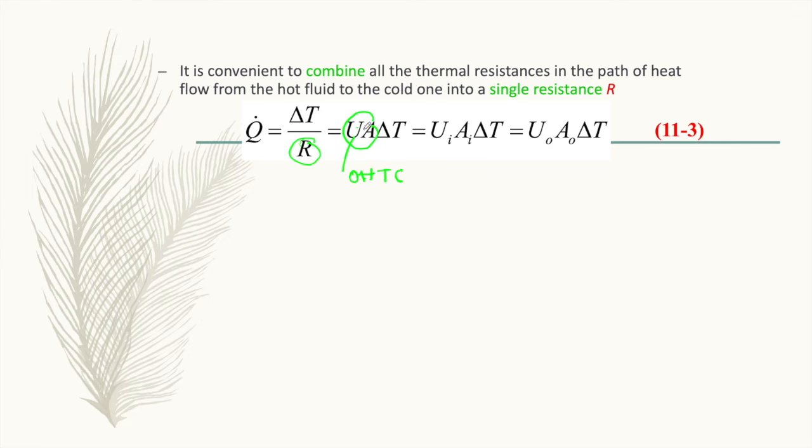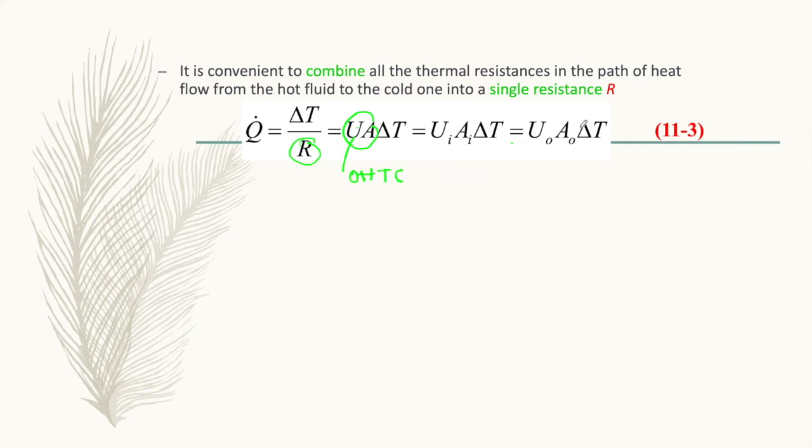A is the surface area, delta T is the temperature difference, and this is equivalent to Ui Ai delta T, and equivalent to Uo Ao delta T. I will explain to you why this equation becomes Ui Ai delta T and Uo Ao delta T.